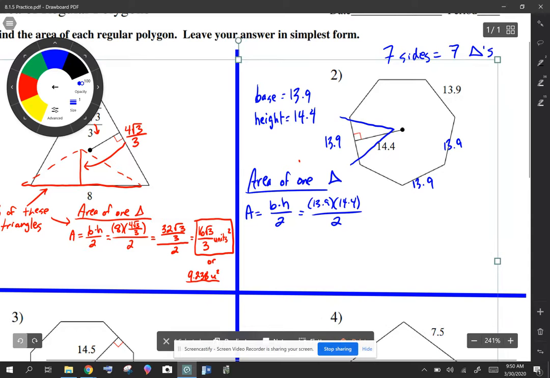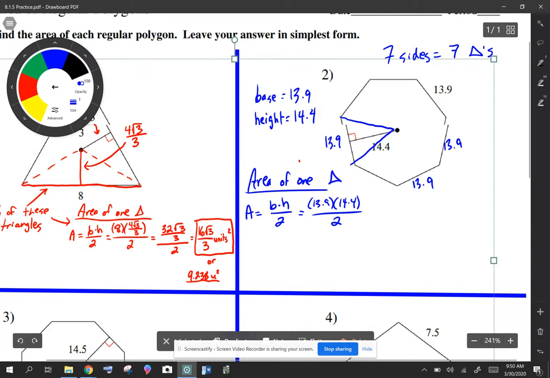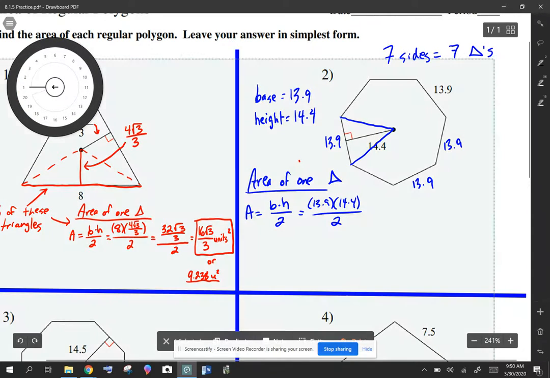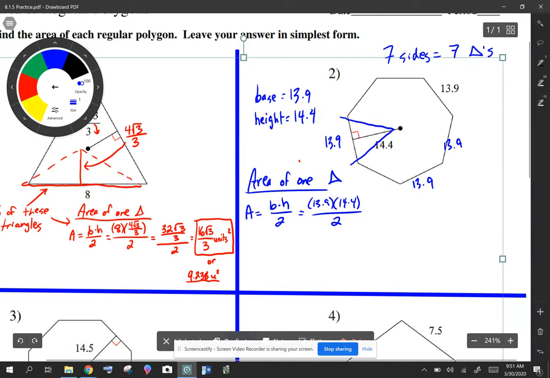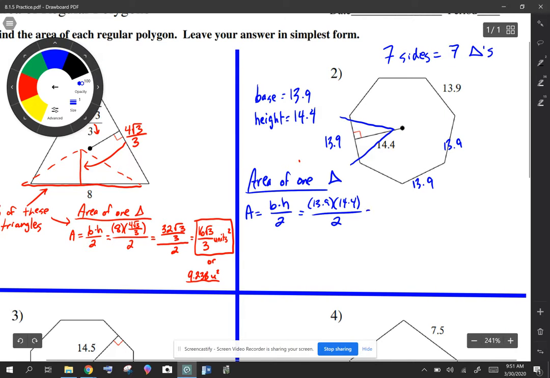Oops, let me redo that. Grab my pen here. That's going to be equal to 200.16 over 2. And when we divide that by 2, we get 100.08. So that's the area of one triangle.